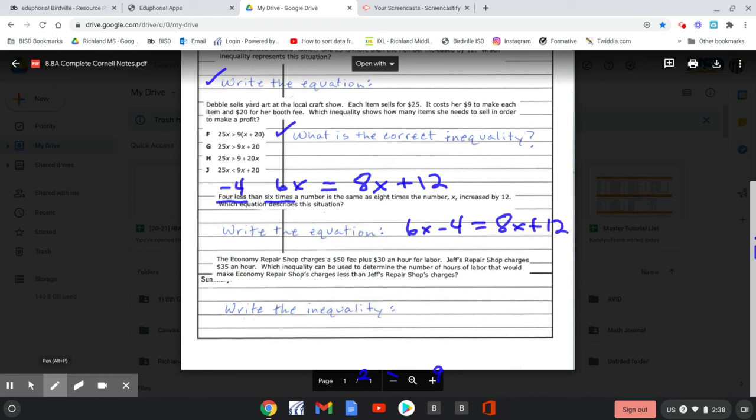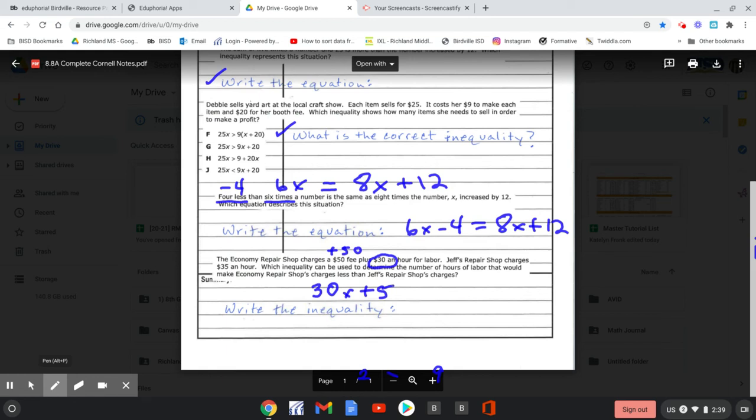And finally, for the last one, it says the economy repair shop charges a $50 fee. So that's plus 50, plus $30 an hour. That's where our x goes. So we know we're going to have 30x plus 50 for labor.